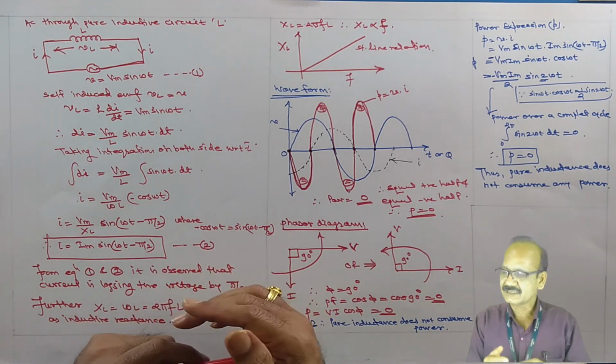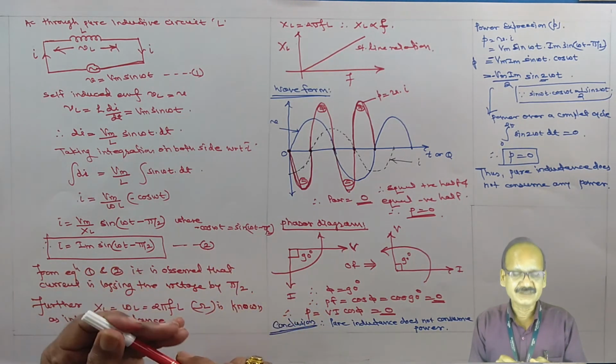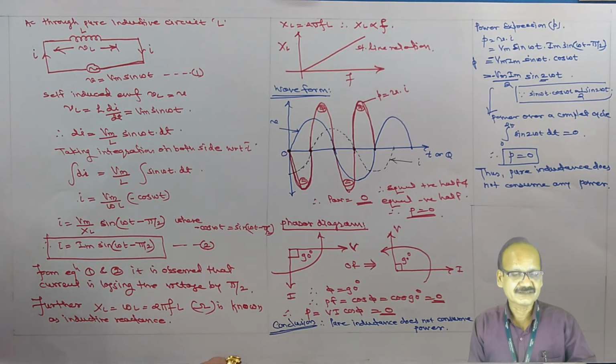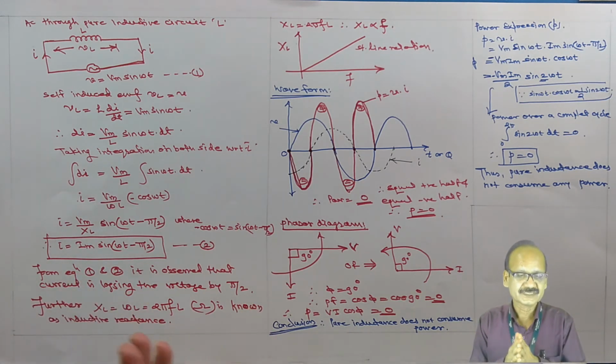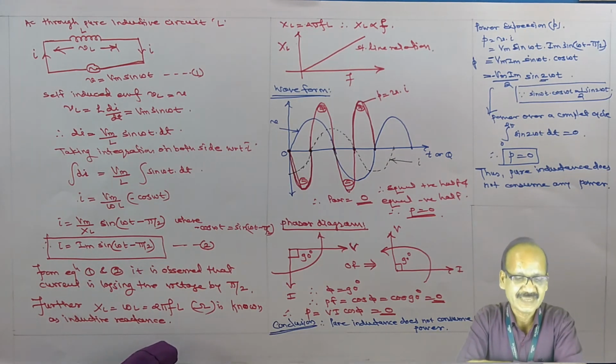So in this video lecture, we have learned that whenever alternating voltage is applied across the pure inductance, it is opposed by the back EMF, that is known as self-induced EMF.